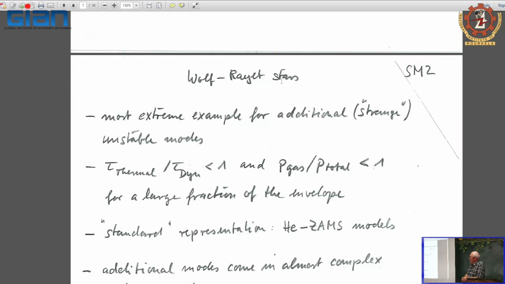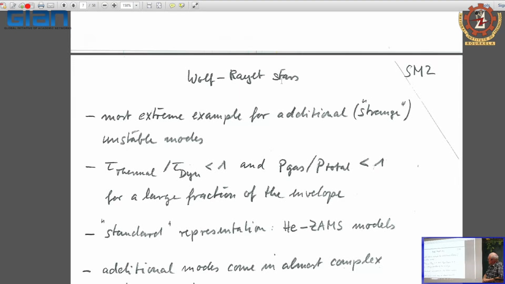Also the Wolf-Rayet stars are characterized by the same properties as the hydrogen-deficient carbon stars: the ratio of thermal to dynamical timescale is much smaller than unity, and the contribution of gas pressure to total pressure is also smaller than unity for a large fraction of the envelope.